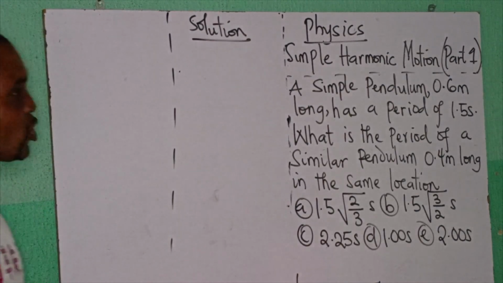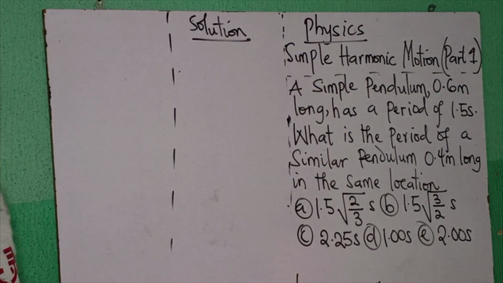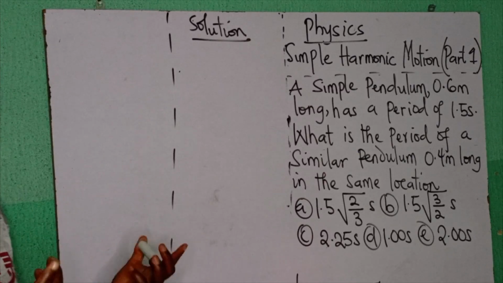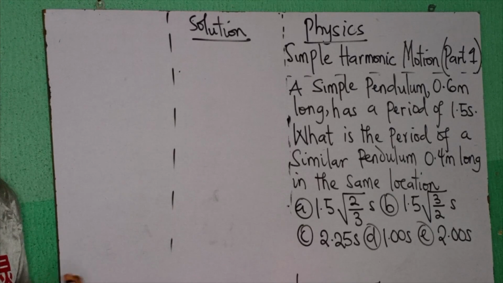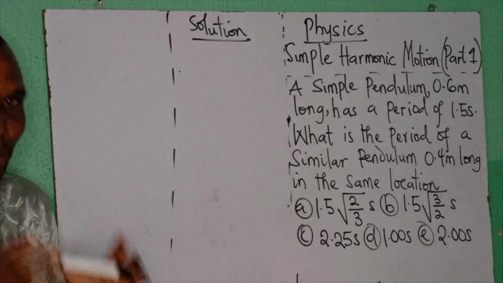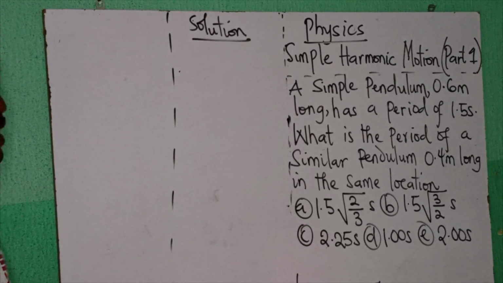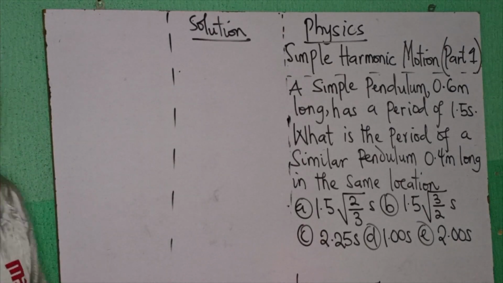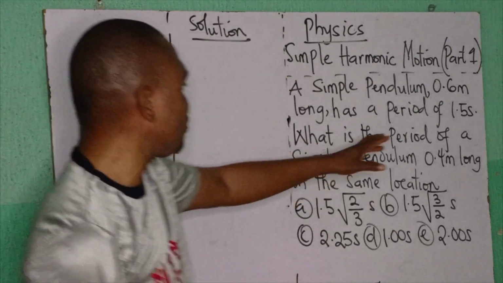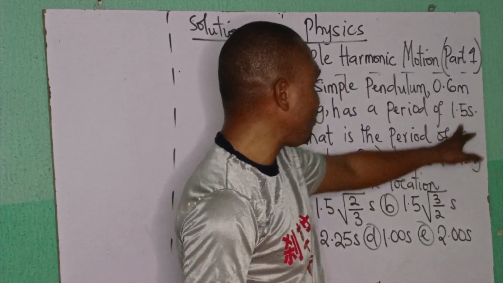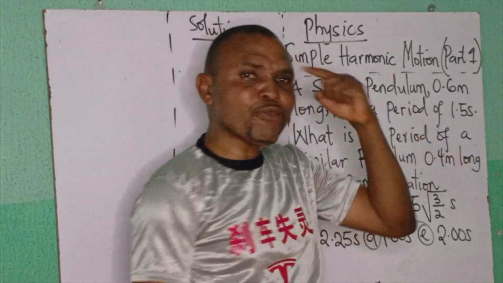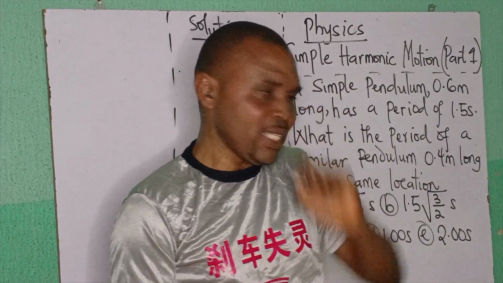All right, looking at this question, what do we do? If you look at simple harmonic motion, it has a lot of formulas. Which of those formulas can I use to solve this particular question? In this question, we have length and then we have period. The formula that comes to your mind will be this.